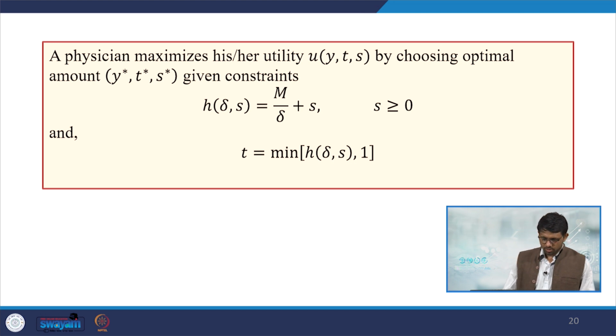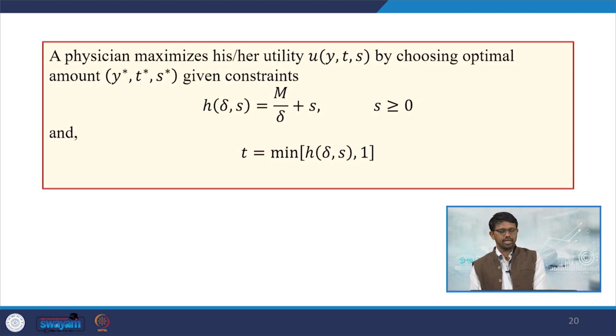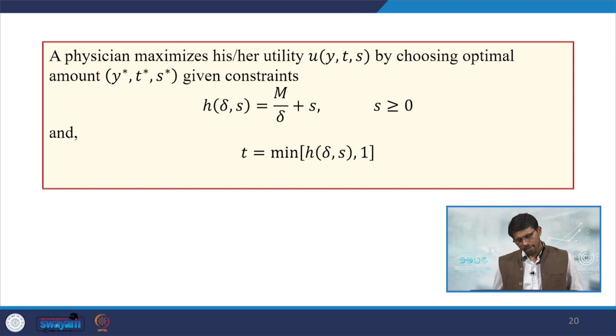So, for the constraints, we start with the induced healthcare demand function as h, delta and s.